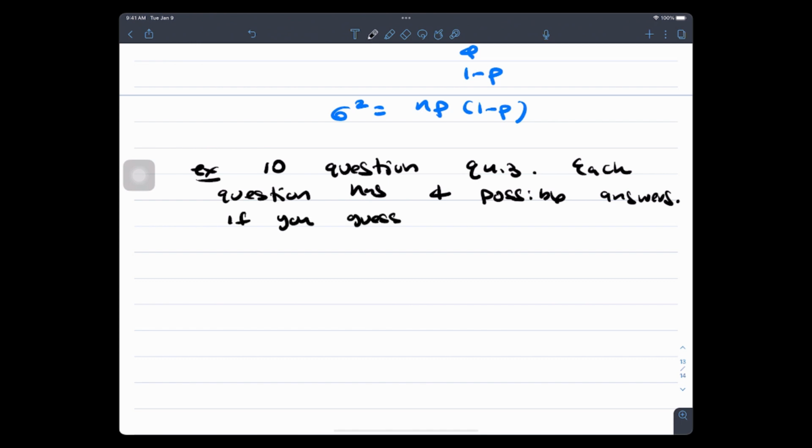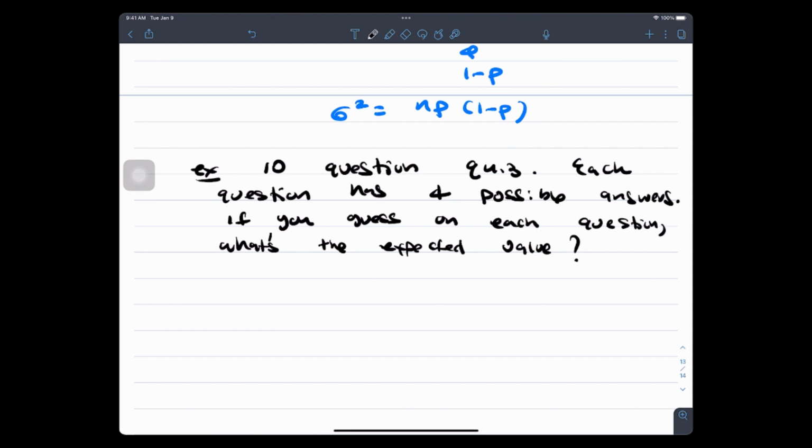If you guess on each question, what's the expected value? Very easy.